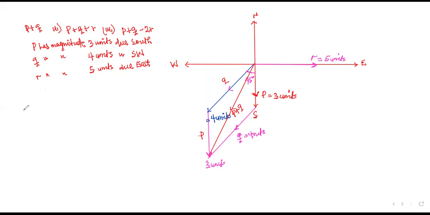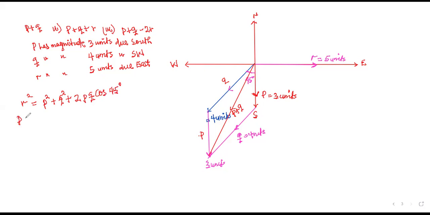So using this cosine rule, the square of the resultant is equal to P squared plus Q squared plus 2 times P times Q times the cosine of the angle between them, which is 45 degrees.